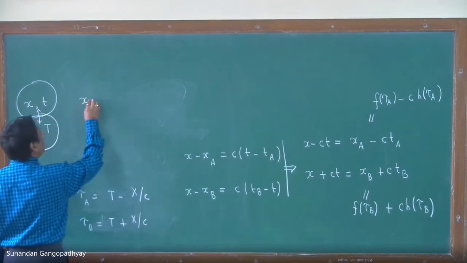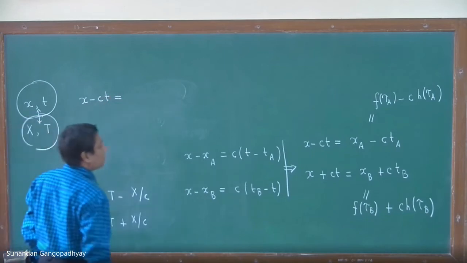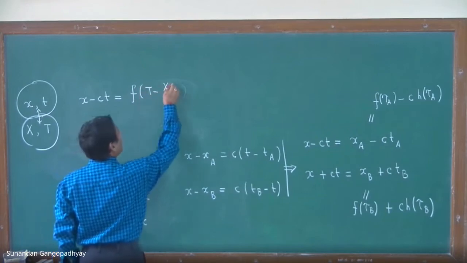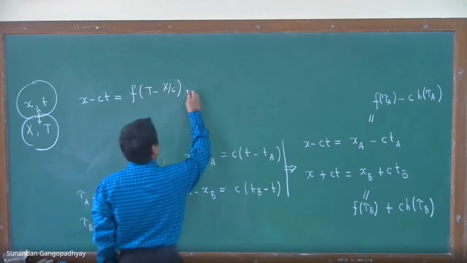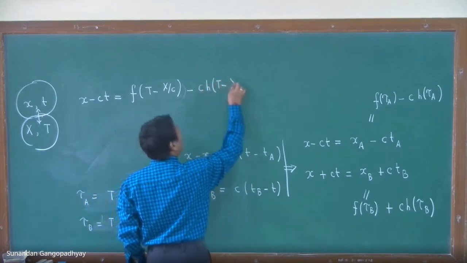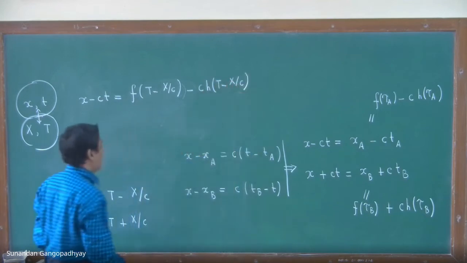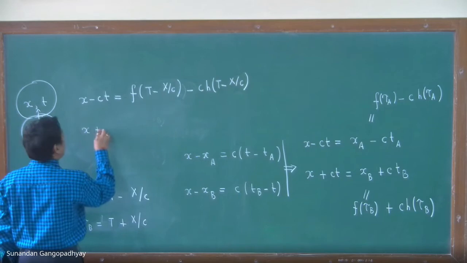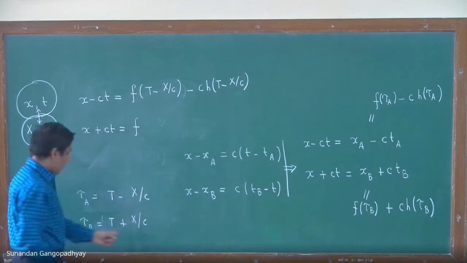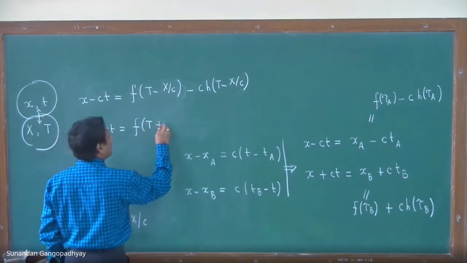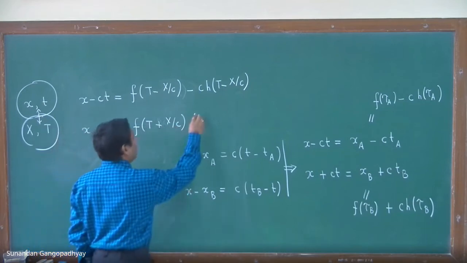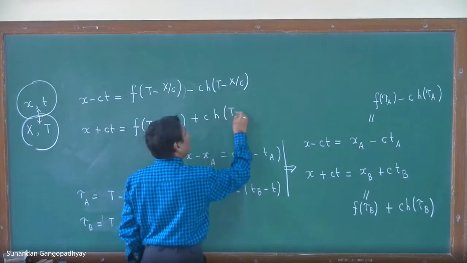So what we get is x minus ct is equal to f of tau A, where tau A is t minus x by c, minus c h. And x plus ct is equal to f of tau B, but tau B is this, so this is f of t plus x by c, plus c h.